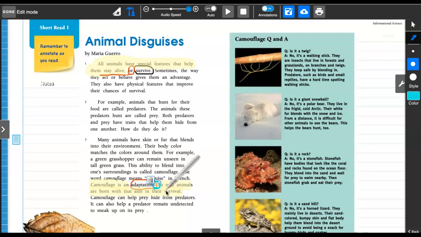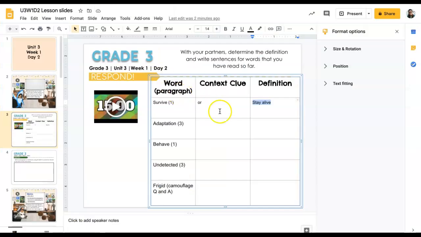And right after that dash, it says a trait animals are born with that aids in their survival. So it might not have a magic word, but it could have some sort of clue, like in this instance, a dash. So I'm going to go to my chart and I'm going to say it has a dash.